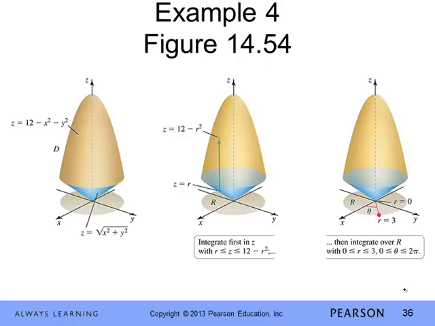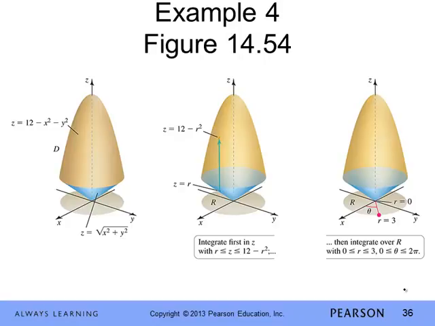So it would seem natural to integrate with respect to z first. Z is going to go from this bottom surface to this top surface. All right, so once you figure out those limits for z, and then project down onto the xy plane, you're integrating over a circle. Polar, right?